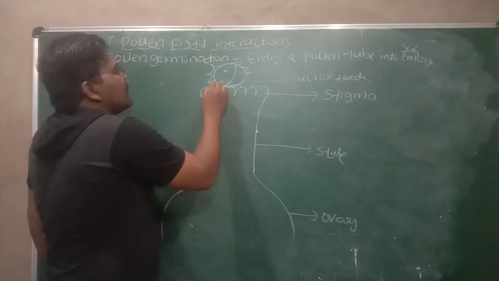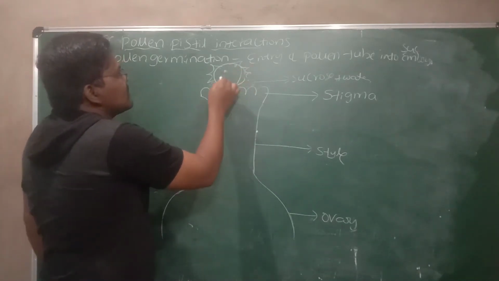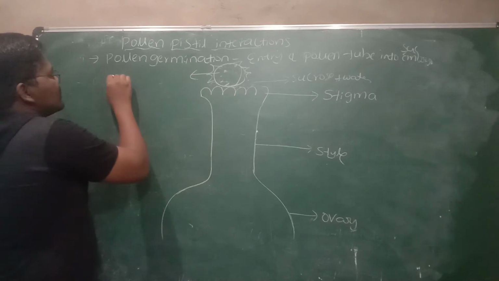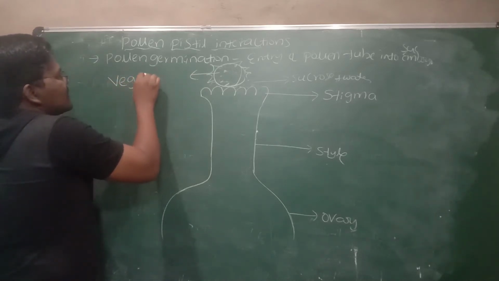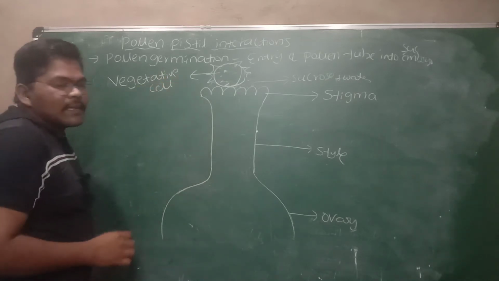Then because of absorption, the large cell which is present in the pollen grain, what is that large cell? That is the vegetative cell.